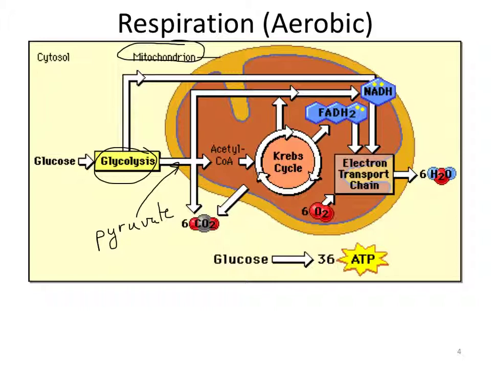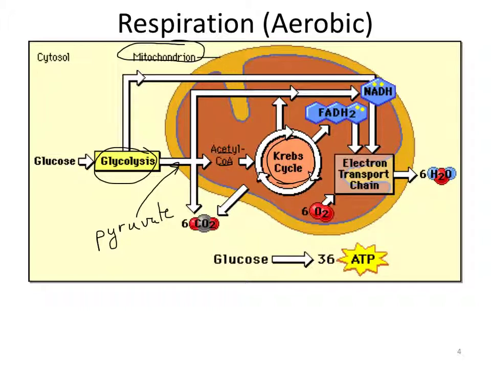What will happen to the pyruvate is it will react with acetyl-CoA in something called the preparatory reactions. A little CO2 will be kicked out, and some reduced NAD in the form of NADH will be kicked out from those preparatory reactions. The result will then enter the Krebs cycle, or the TCA cycle, shown here in this circle.